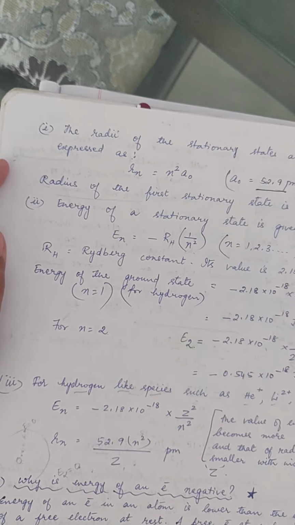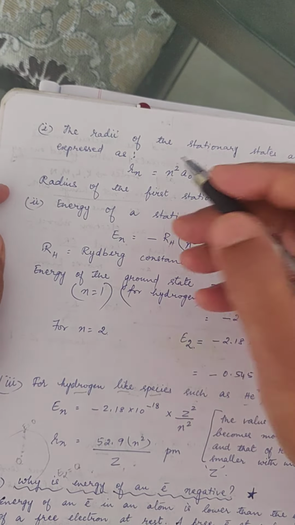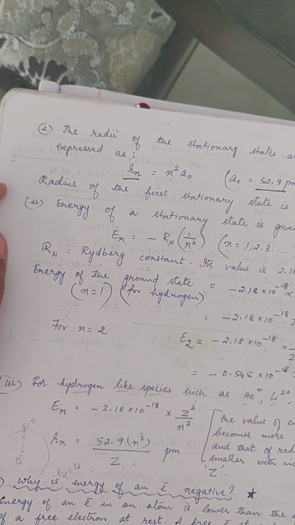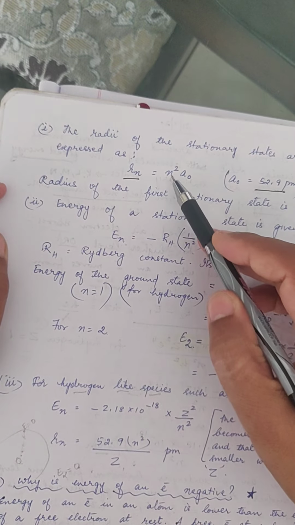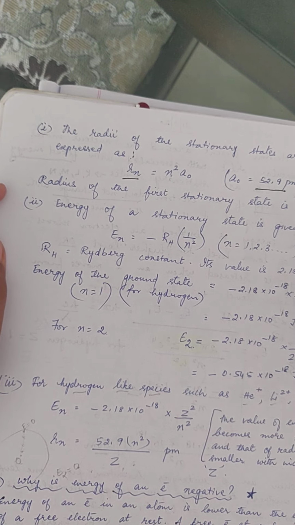So 1 square is also 1, so 1 into 52.9 is 52.9. So radius of the first orbit is 52.9 picometer. If you want to find out the radius of the second orbit, then this should be 2 square into a naught. So this is one concept.